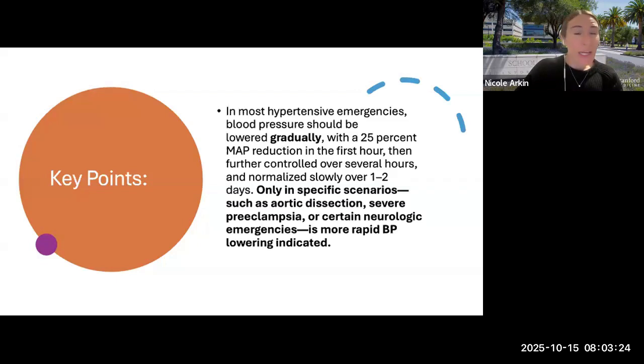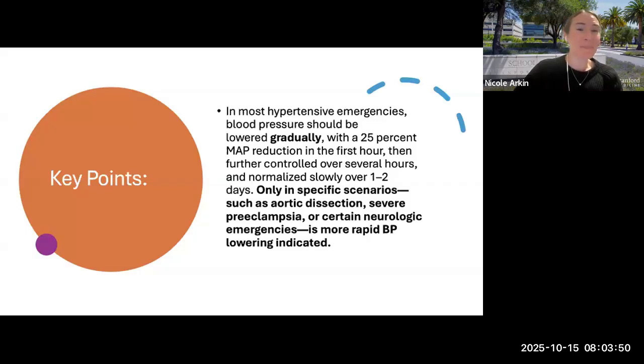Going lower too quickly can lead to the opposite problem, which is hypoperfusion. And you may see things like altered mental status, decreased consciousness, and it could even lead to coronary or renal ischemia.